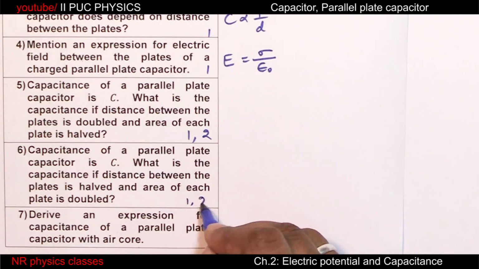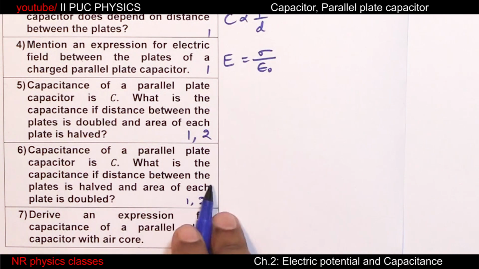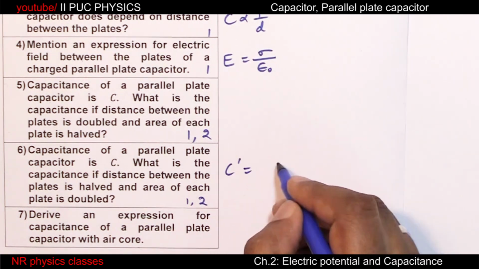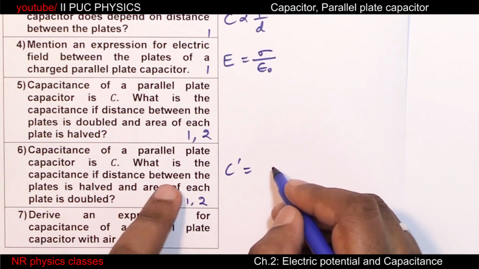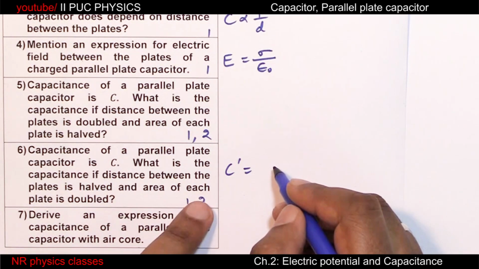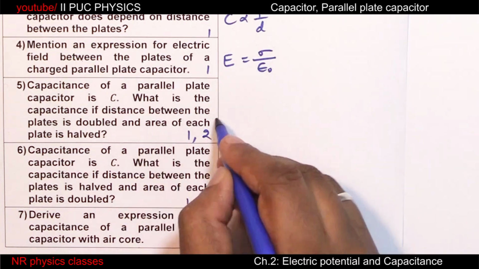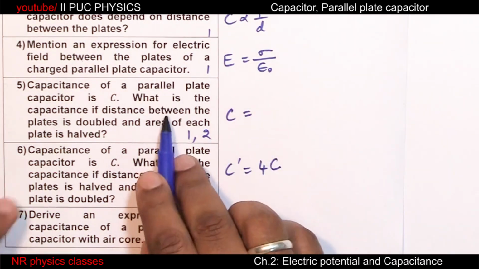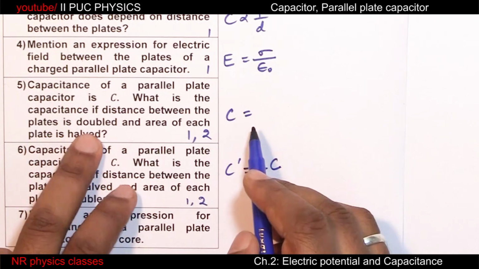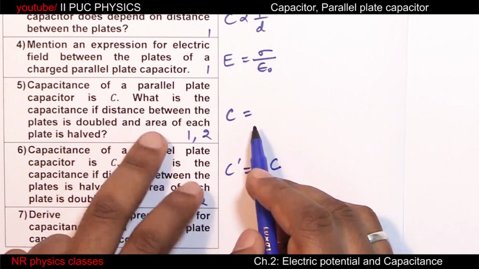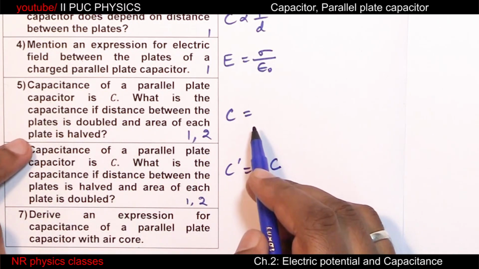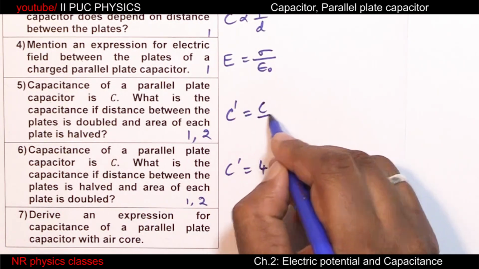This is also for 1 or 2 marks. For this, the answer should be C dash equals 4 times C, since distance is halved and area is doubled. In the other case, where distance between the plates is doubled and area of each plate is halved, C dash equals C by 4.